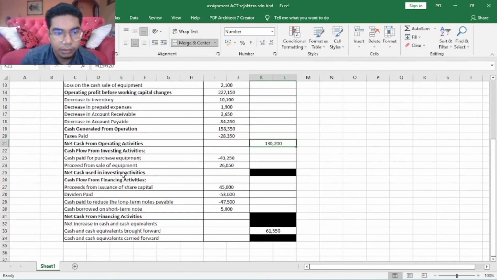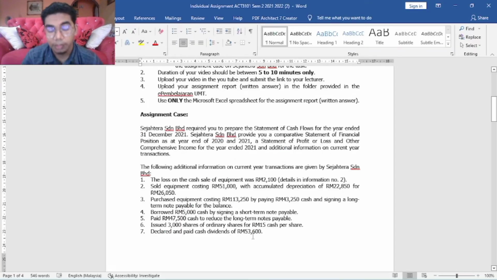The next activities are investing activities. In investing activities, we have cash paid for purchase of equipment and proceeds from sale of equipment. So how do I get the amount 43,250? I get the amount from the additional information given.